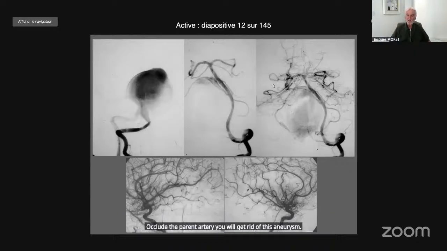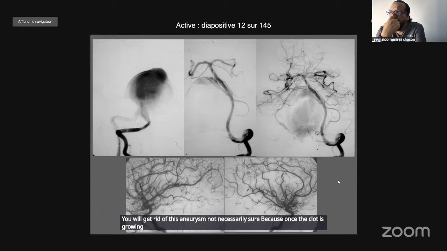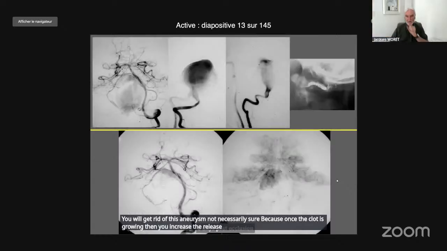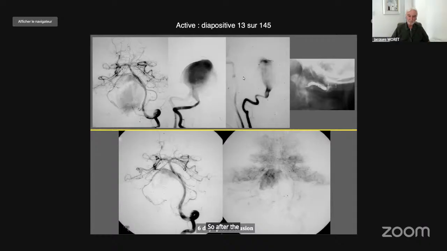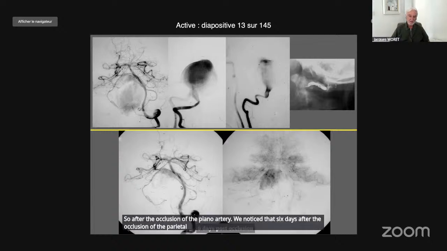You will get rid of this aneurysm, not necessarily sure, because once the clot is growing, then you increase the release of the elastase. After the occlusion of the parent artery, we noticed that 6 days after the occlusion, an aneurysm is visible here.